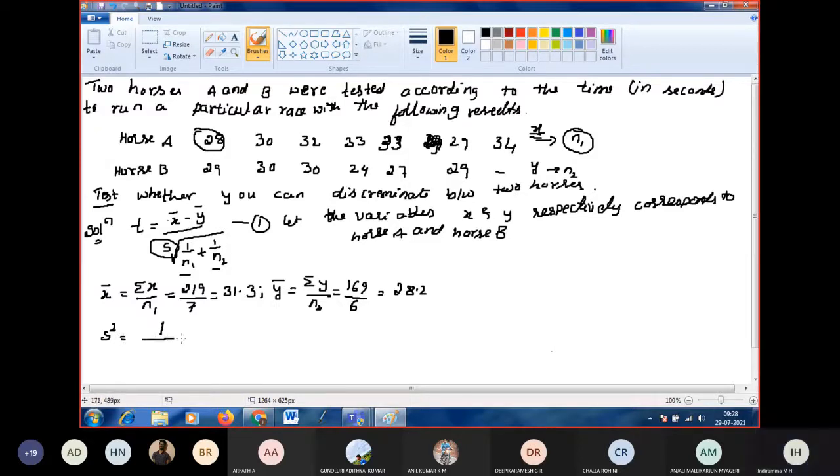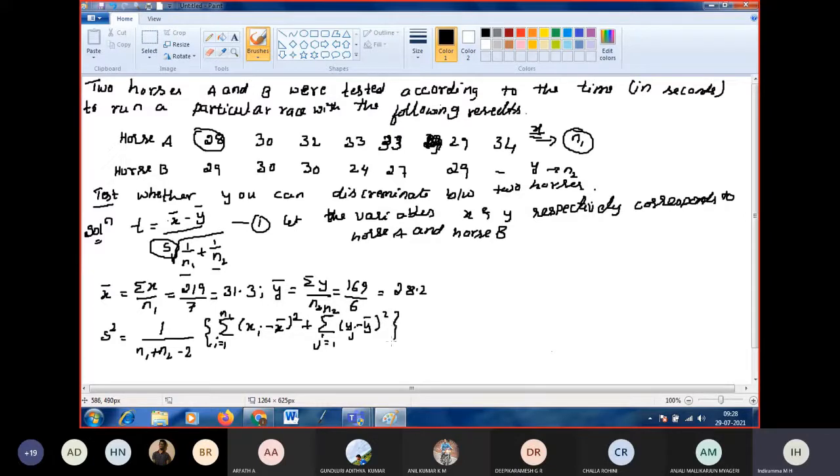s square equals 1 by (n1 plus n2 minus 2) into the summation i from 1 to n1 of (xi minus x bar) whole square, plus summation j from 1 to n2 of (yj minus y bar) whole square.